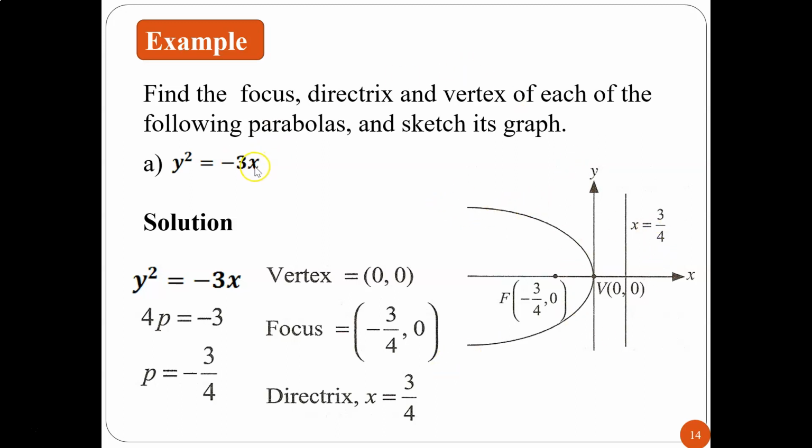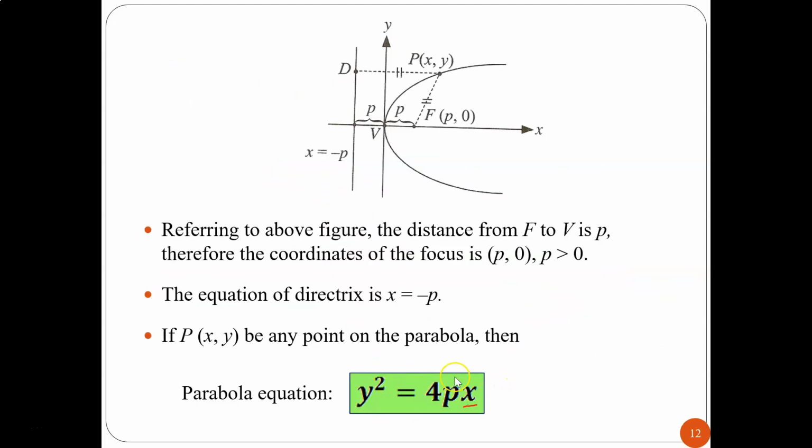So why don't you compare with the parabola equation we had just now, y squared equal to 4px. Usually we always compare with this one first.